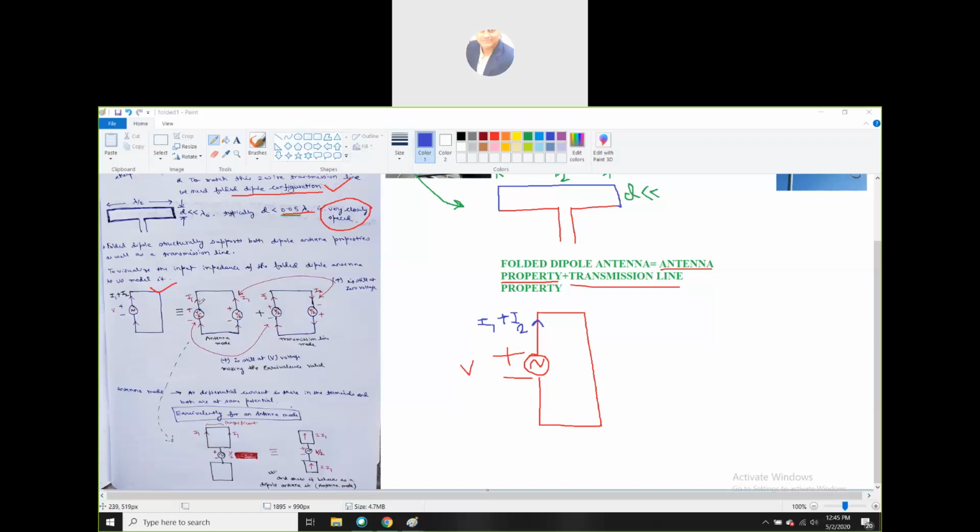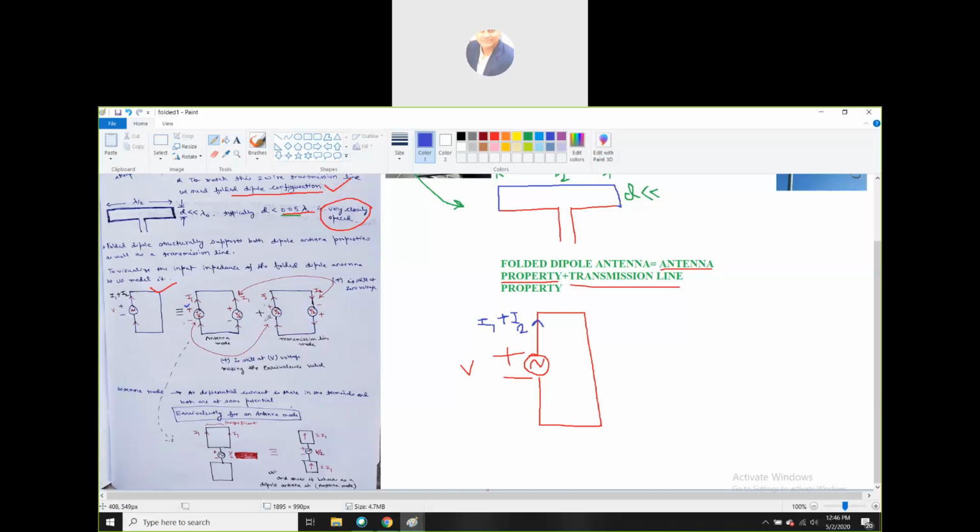In one configuration, these both are at the same potential and these both are at the same potential. Just imagine: this is plus, this is minus, this is plus, this is minus. This is one configuration, just an equivalence.